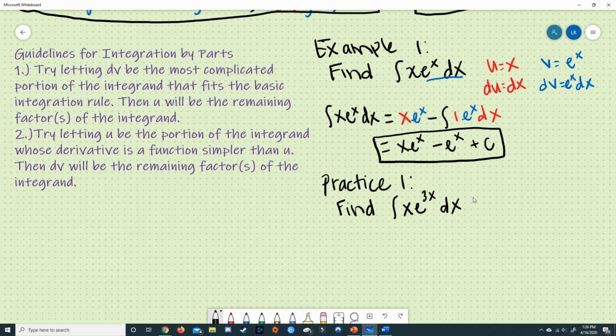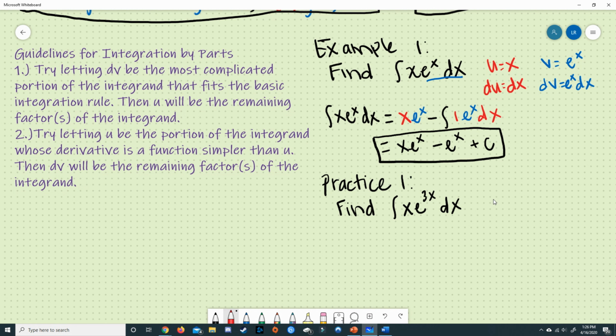Go ahead and pause the video here and attempt to work this problem out. Okay, hopefully you had a chance to work that out.